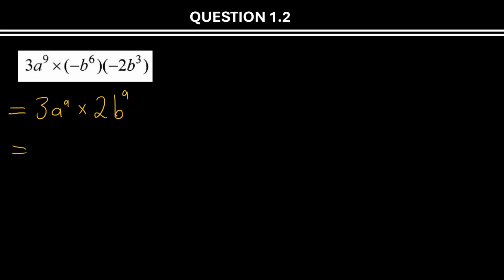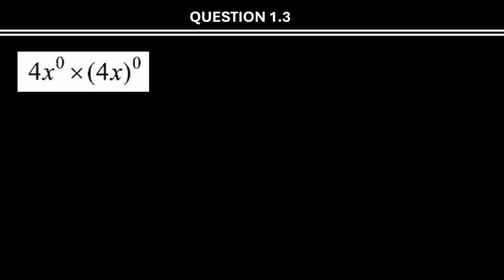So this is going to be 3 times 2, which is 6. And remember to just treat your coefficients as normal numbers. And then a to the power of 9 times b to the power of 9. Now, these two are different variables. So this is just going to be a to the power of 9 and b to the power of 9. Then we just write it like that.